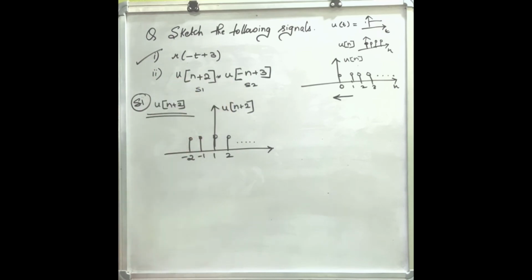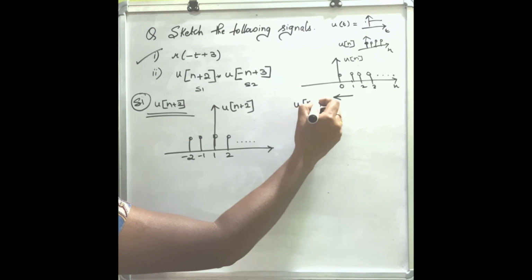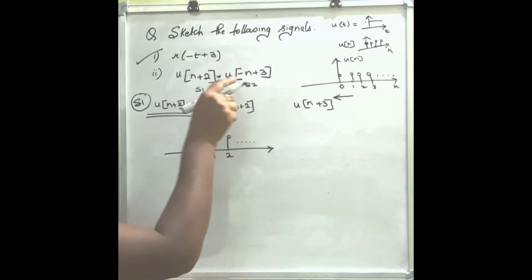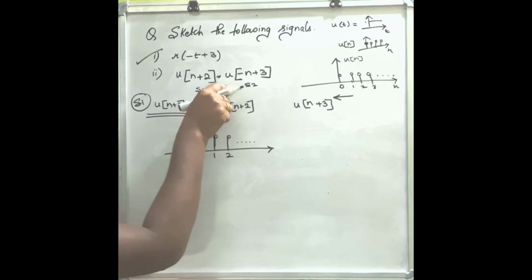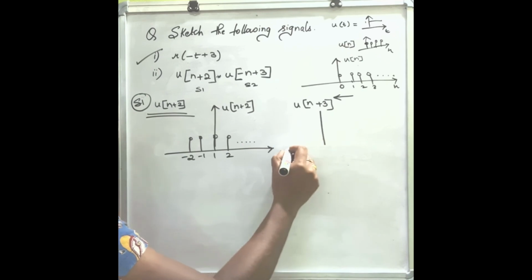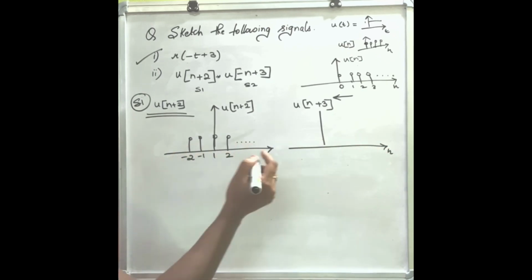Now let's consider the second signal, u of n plus 3. Leave this minus. First we'll do the shifting and then we'll do the time reversal. Now u of n plus 3. So that means it has been advance shifted by 3.